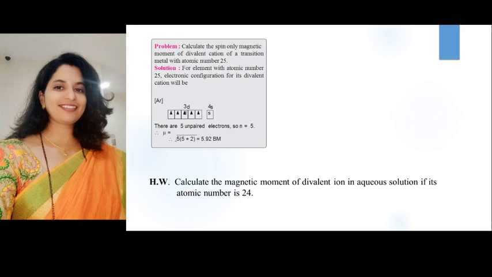So n is equal to 5 and mu effective will be given as square root of 5(5+2), that is square root of 35, and the value will be approximately 5.92 BM, where BM stands for Bohr magneton. I have given one more problem for homework. You may calculate the magnetic moment of the divalent ion in aqueous solution if its atomic number is 24.